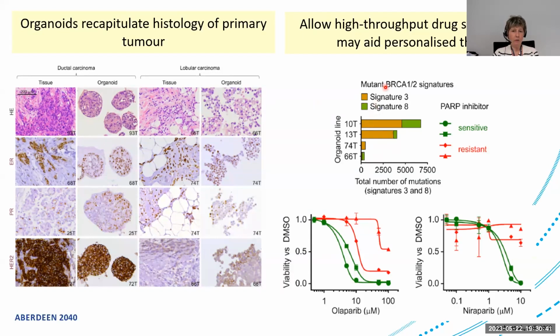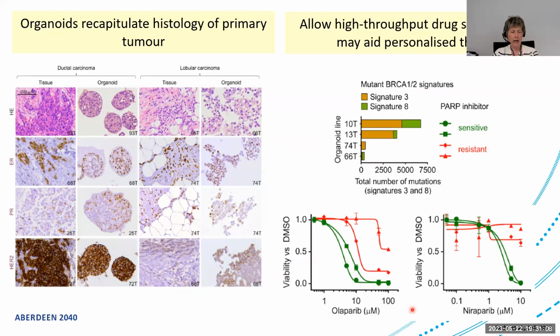They were also able to identify mutant signatures. For example, BRCA1 and BRCA2 mutations are good indicators of the likelihood of response to PARP inhibitors. They identified the different signatures of tumours that were likely to be sensitive or resistant.